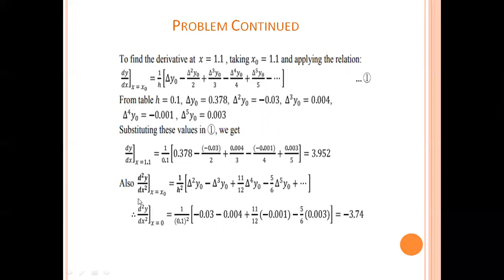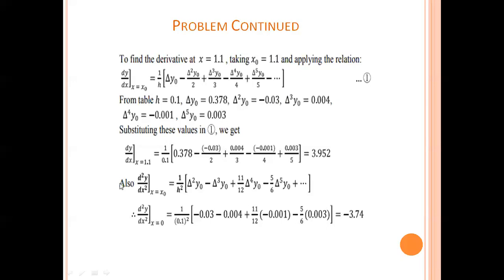And the second derivative, d^2y/dx^2 at x = x0, is (1/h^2)[Δ²y0 - Δ³y0 + (11/12)Δ⁴y0 - (5/6)Δ⁵y0 + and so on]. We know Δ²y0 is -0.03, Δ³y0 is 0.004, Δ⁴y0 is -0.001, and Δ⁵y0 is 0.003.